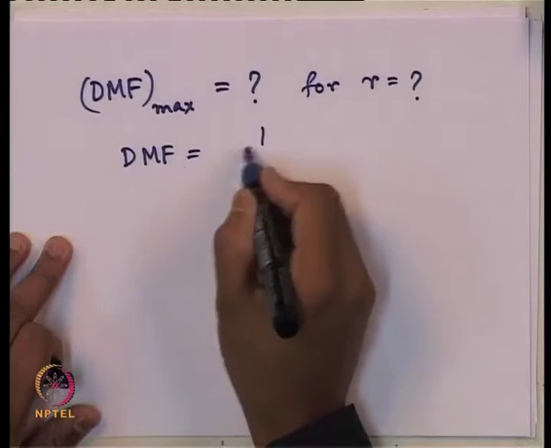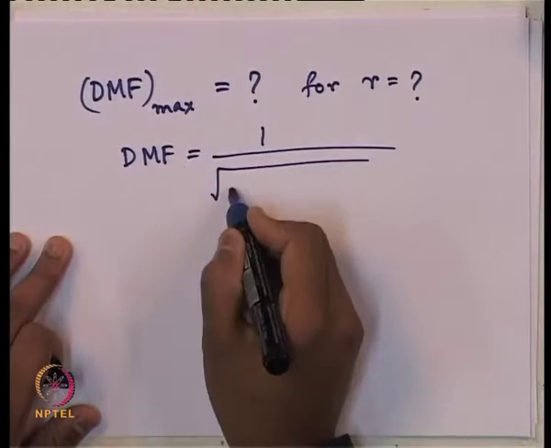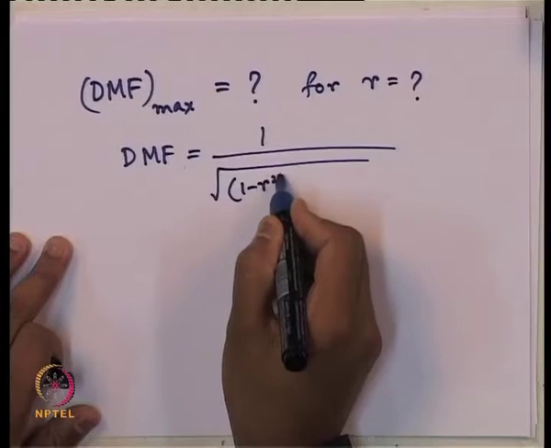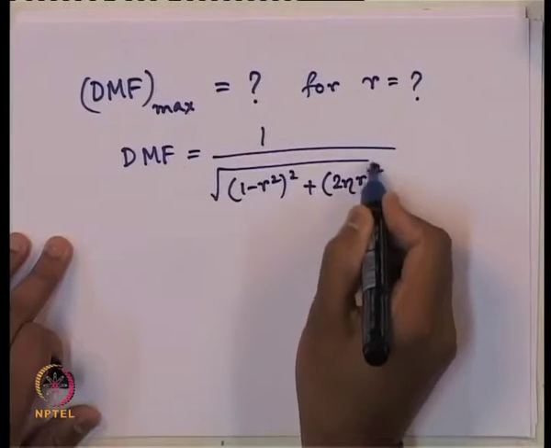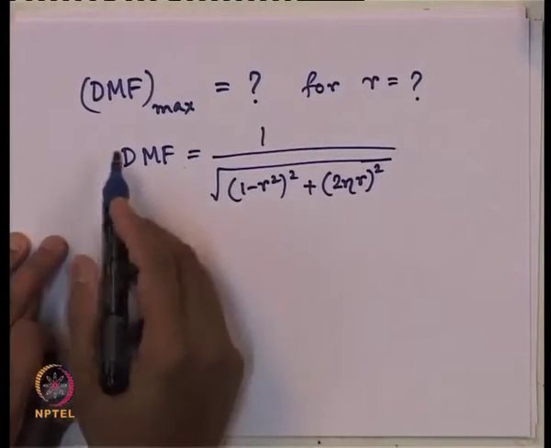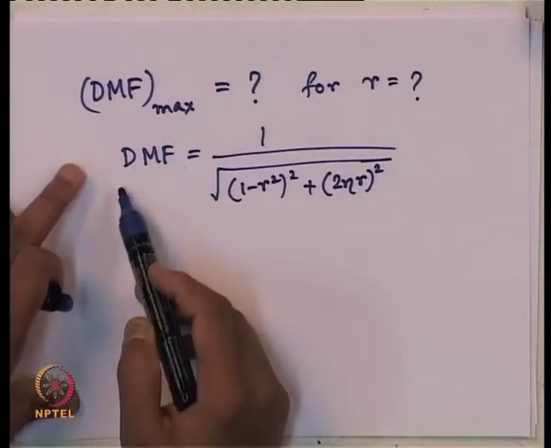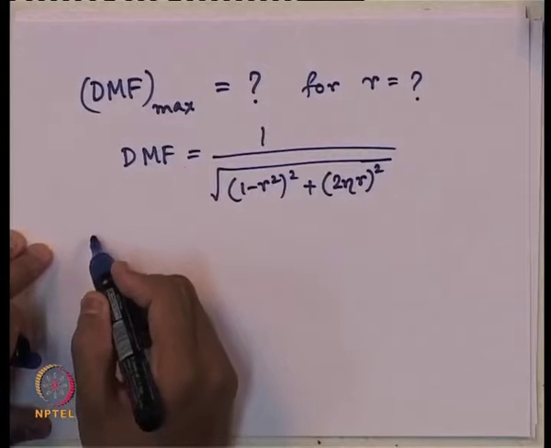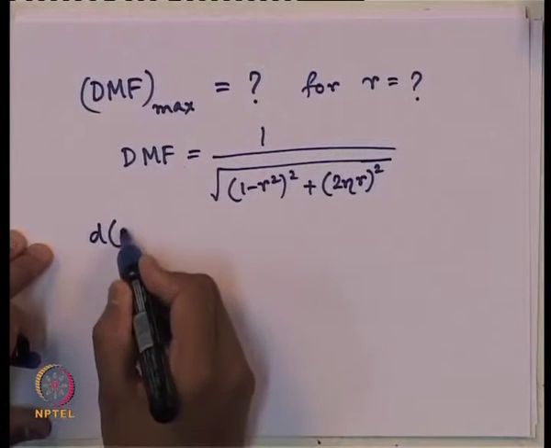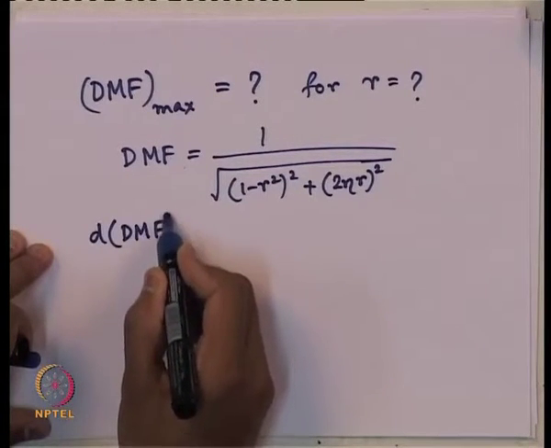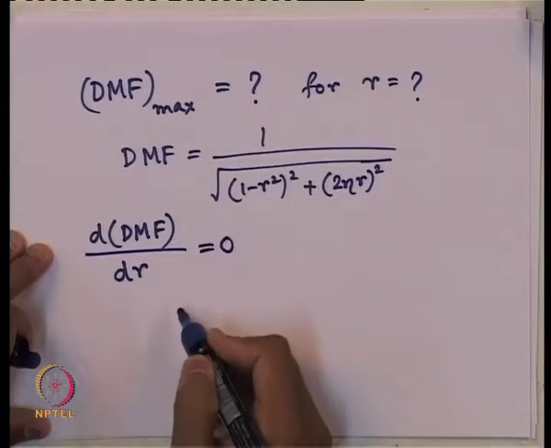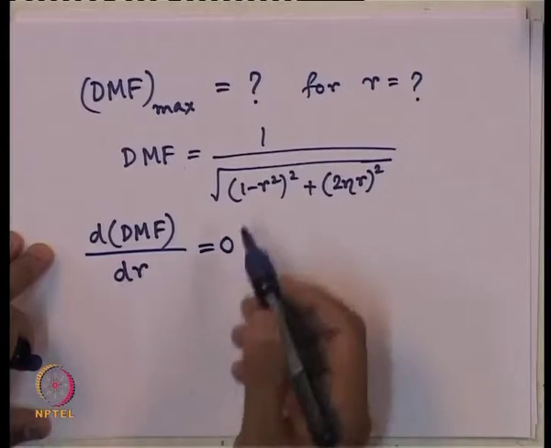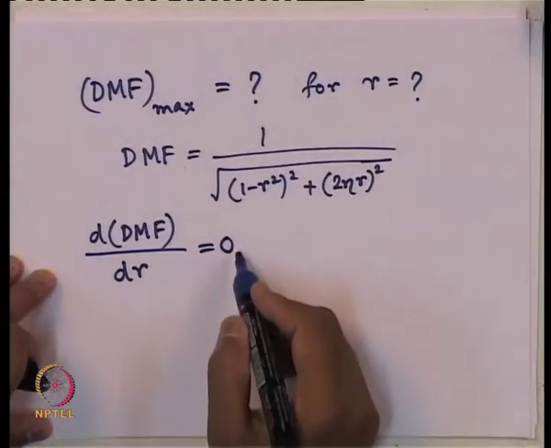The expression is 1 by root over (1 minus r square) whole square plus (2 eta r) whole square. If we want to find the maximum dynamic magnification factor, we need to differentiate it with respect to r and equate it to 0. Then let us do that operation.